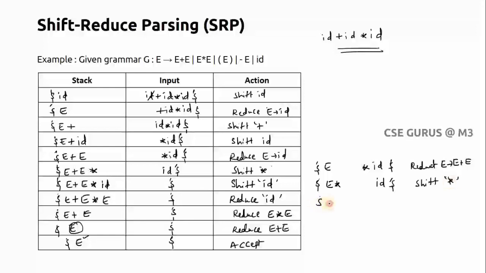Now you can observe what next, E star ID should be shifted. Now I'm writing shift ID. Now you can see E star ID. Can I reduce it as E? Yes. So from this one ID should be reduced as E.